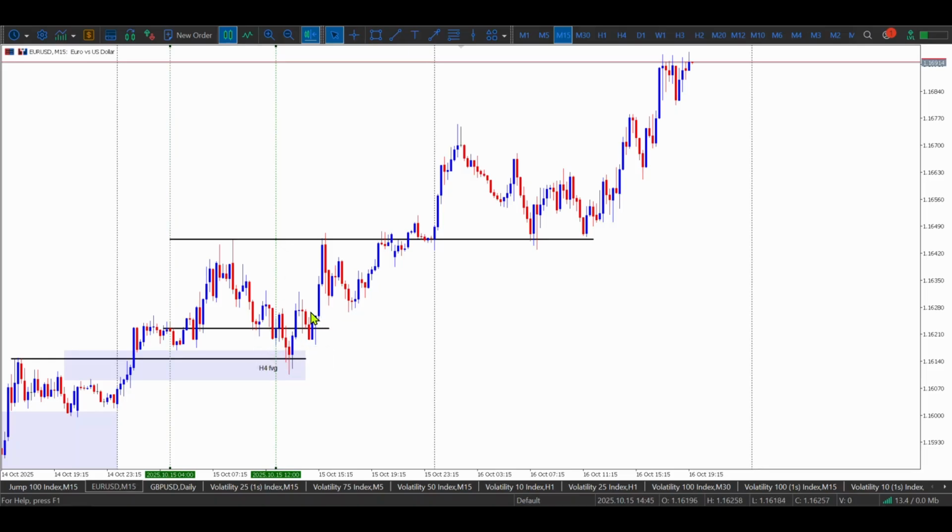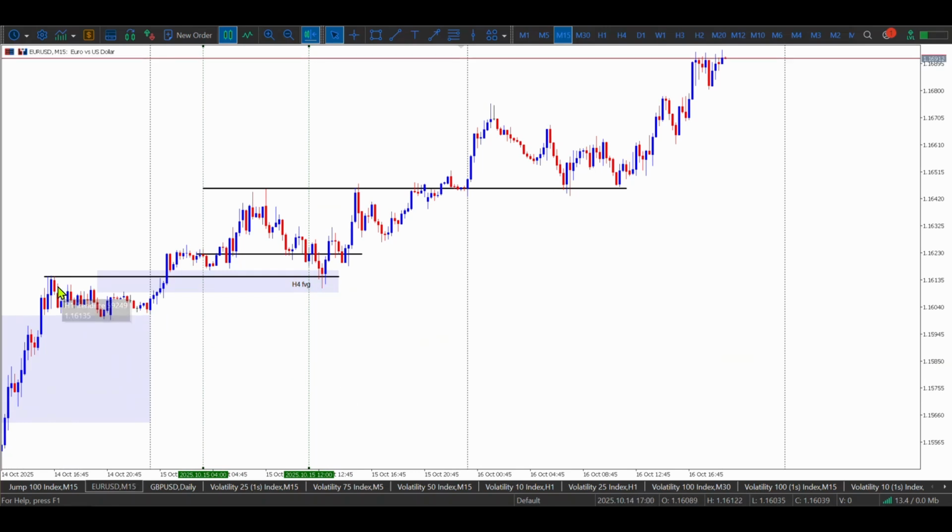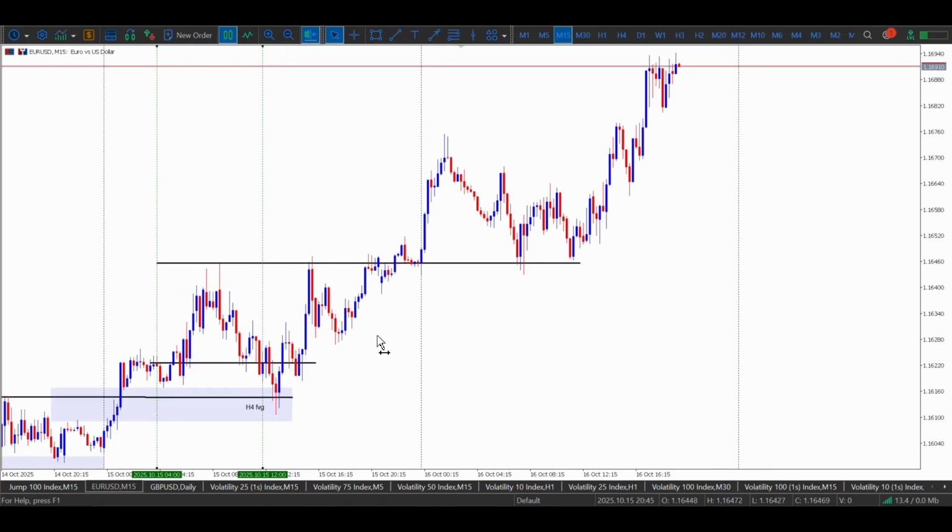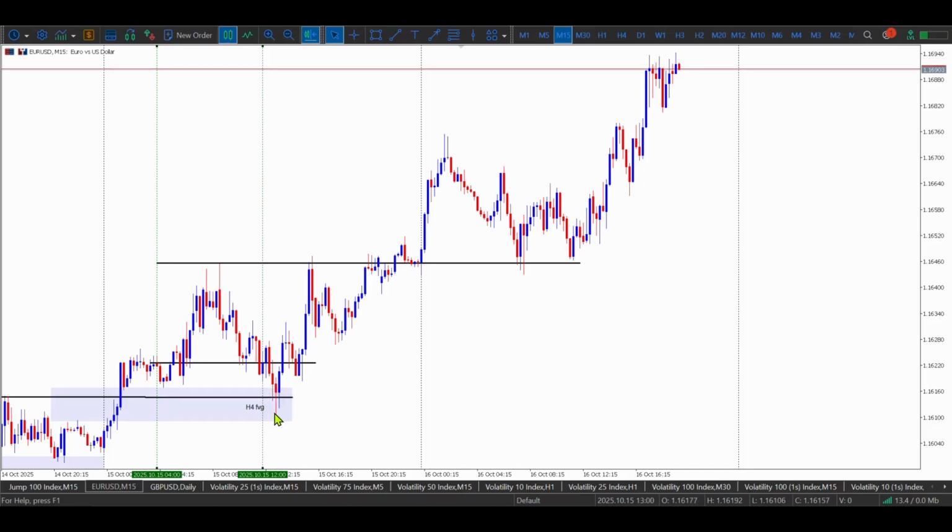As you can see, price hit yesterday's high and the H4 fair value gap. We expect sensitivity right there, right at the right time, the New York kill zone. We then, boom, shift the market structure right here, giving us that confirmation that indeed smart money is buying here.